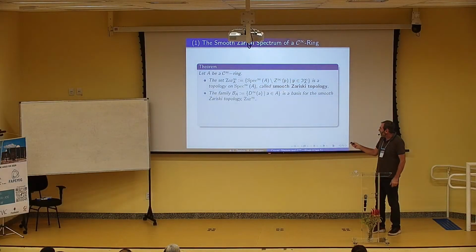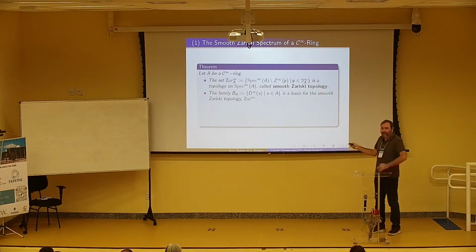Isso aqui é um espaço topológico que tem uma base de abertos compactos. Bem, e vale mais: todo fechado redutível tem ponto genérico e essa base de abertos compactos é fechada por interseção finita e também por reunião finita. Então, em particular, isso aqui é um espaço espectral, como aparece na álgebra comutativa.